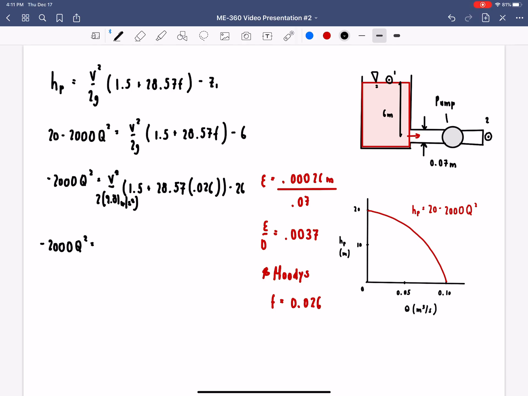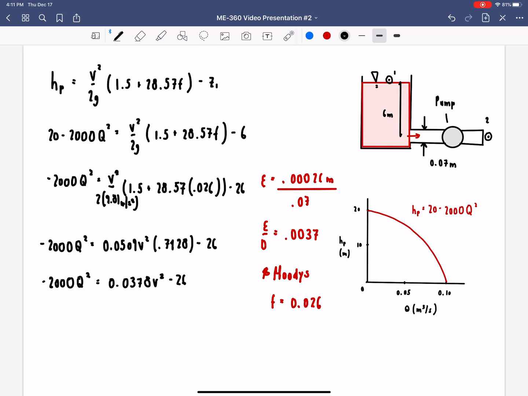Okay, so is equal to 0.0509 V squared times 0.7428 minus 26. And that simplifies to negative 2,000 Q squared is equal to 0.0378 V squared minus 26.